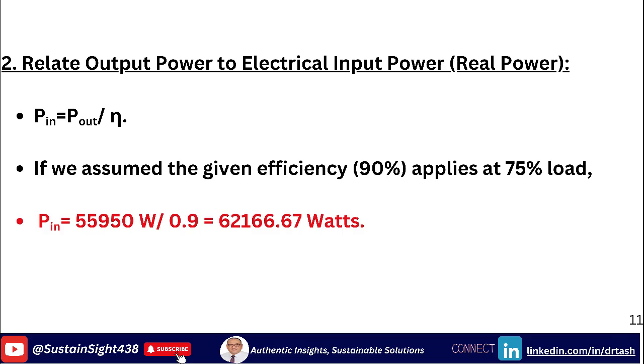Let's calculate the real input power. 55,950 watts divided by 0.90. That comes out to approximately 62,166.67 watts. This 62,167 watts is the real electrical power the motor is drawing from the source to produce 55,950 watts of mechanical output, accounting for the internal losses.